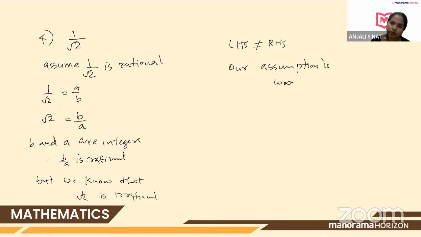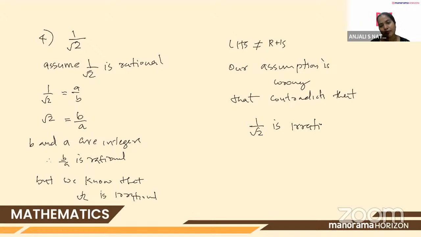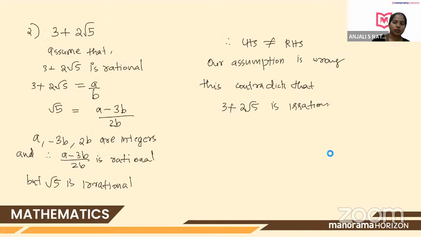That contradicts that 1 by root 2 is irrational. Okay? Clear?